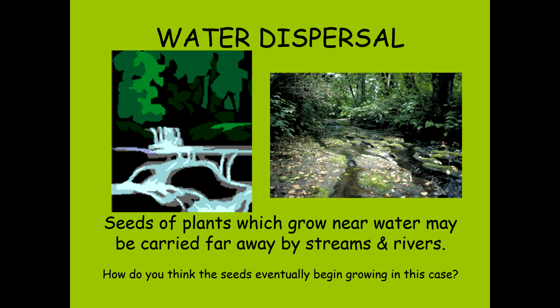But how do you think the seeds eventually begin growing again? Well, like in this diagram, we can see that the water is flowing down. Now, next to the banks of the water is lots of soil. The seeds are distributed into this soil and they grow new big bushy plants next to the river or the stream.